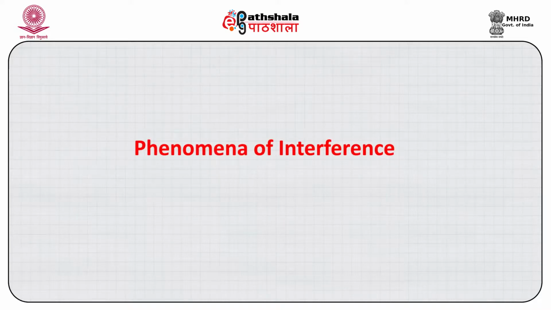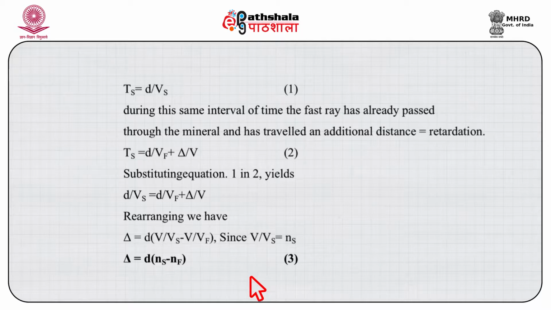As we have already discussed, interference colors are the colors which we observe when the polarizers are crossed and a mineral is placed in between and a light ray is allowed to pass through it, which splits into two rays. In the case of monochromatic illumination, plain polarized light upon entering an anisotropic mineral splits into two rays, fast ray and slow ray, which vibrate at right angles to each other.